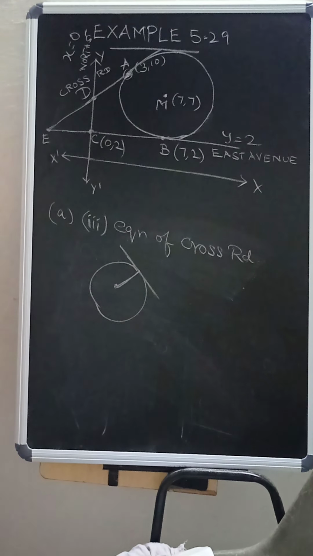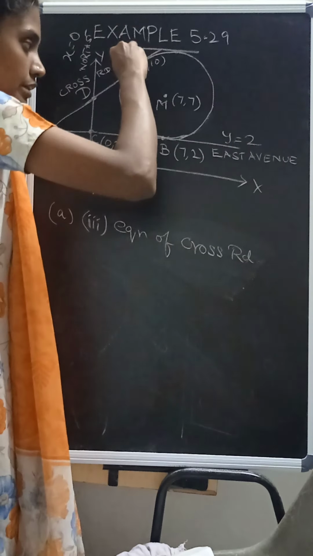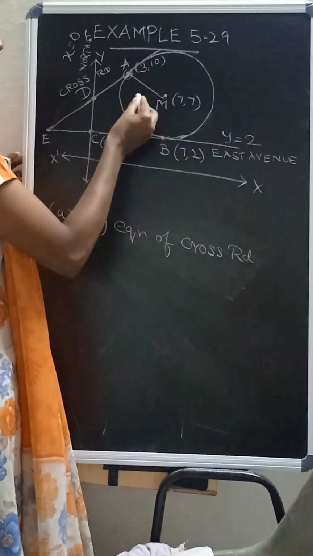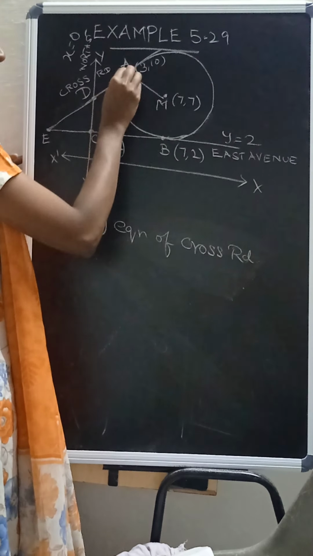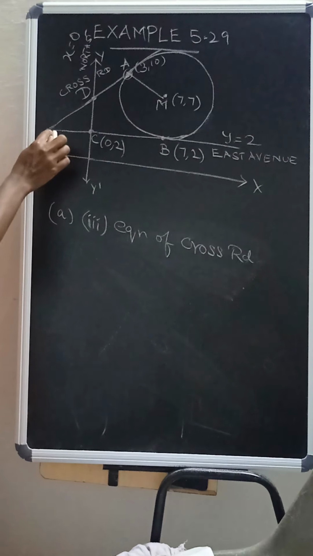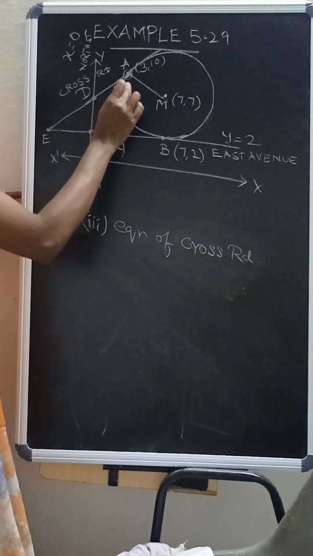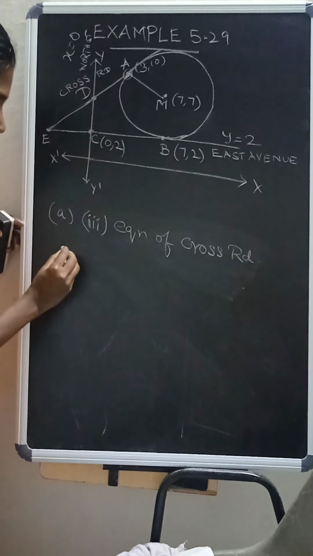So this is a theorem. So what we are going to do now is find the slope of MA and then the perpendicular slope. Now using point slope form, we are going to form the equation of the crossroad. It passes through (3, 10).